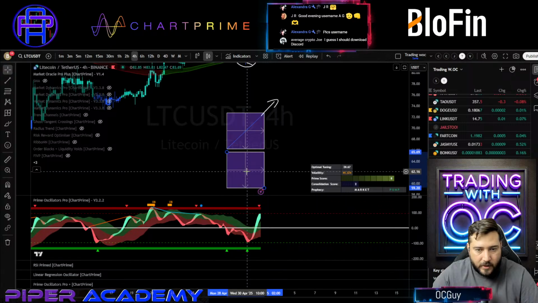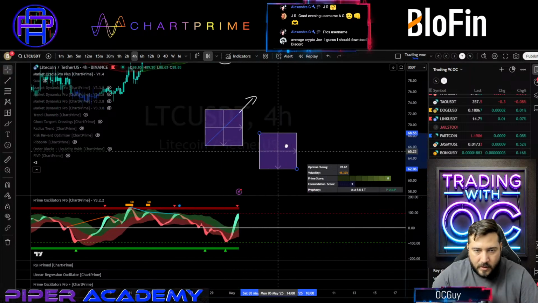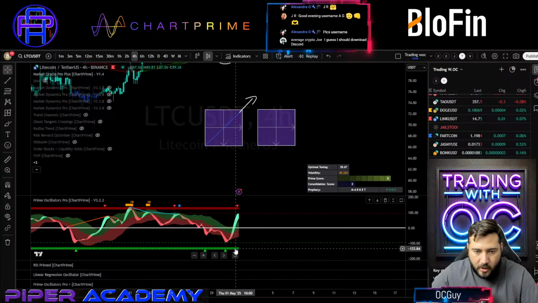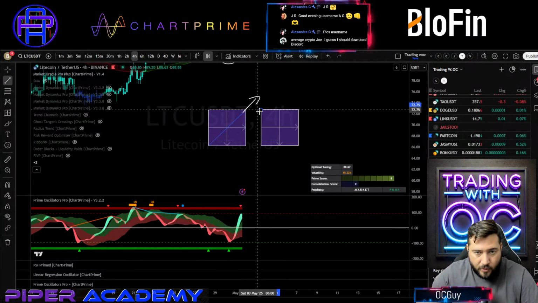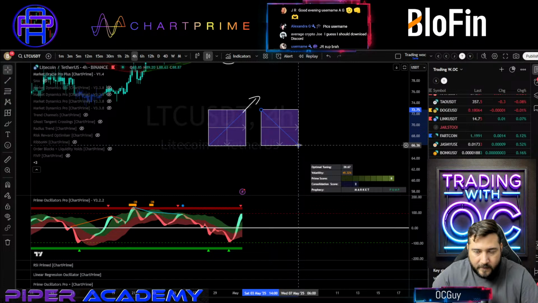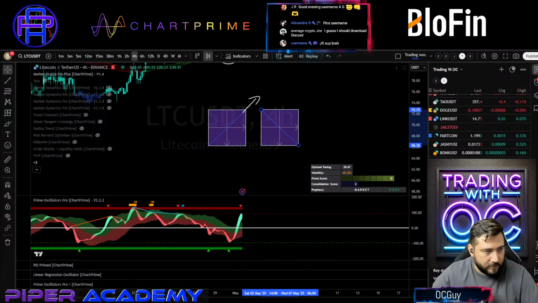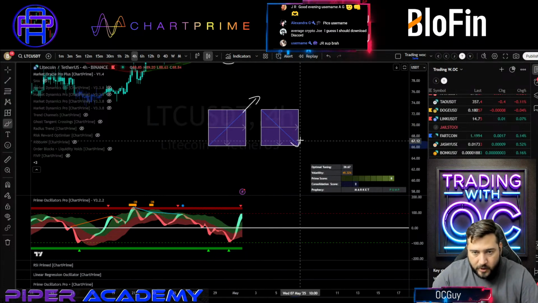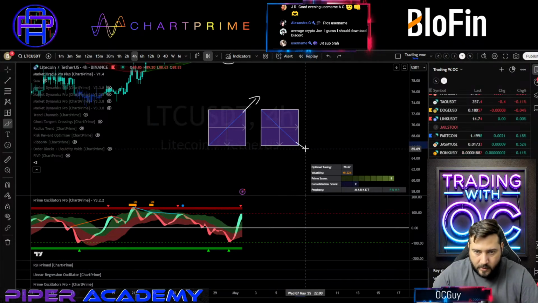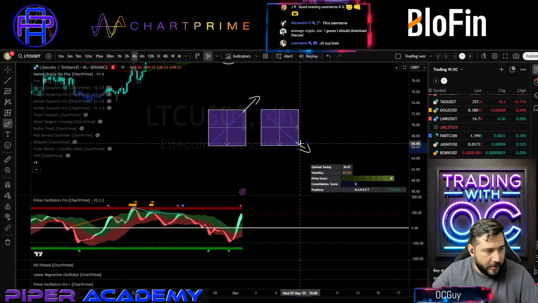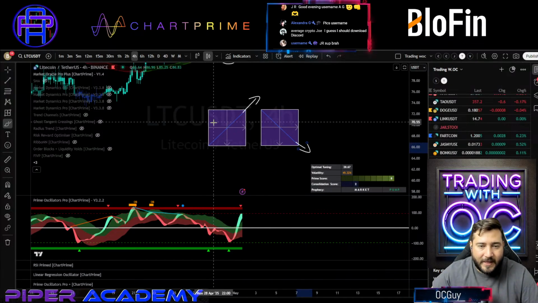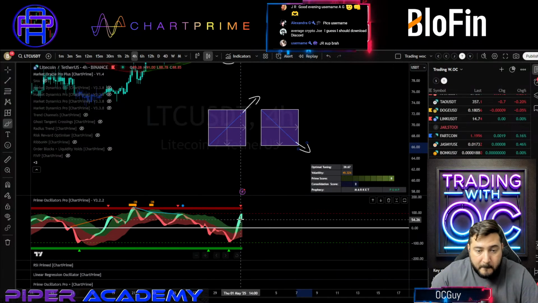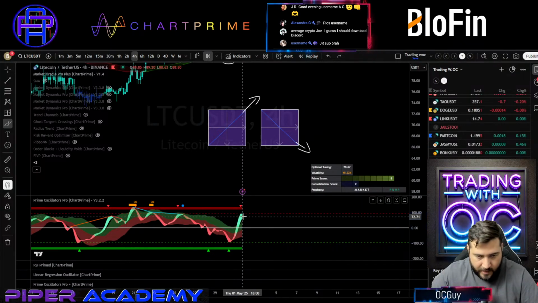When I'm trying to measure a bearish breakout, I'm going to be drawing a line from top left to down right, showing the direction of the breakout. Perfect. So I'm going to be using these to measure my ribbon.